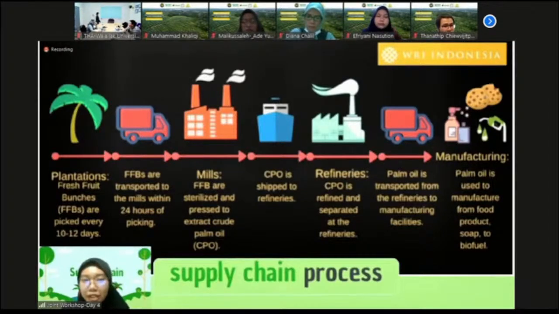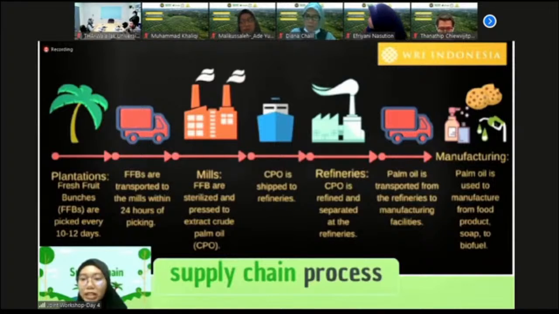And in the refinery, the crude palm oil will go through degumming, neutralization, pre-treatment blanching, and also deodorization.